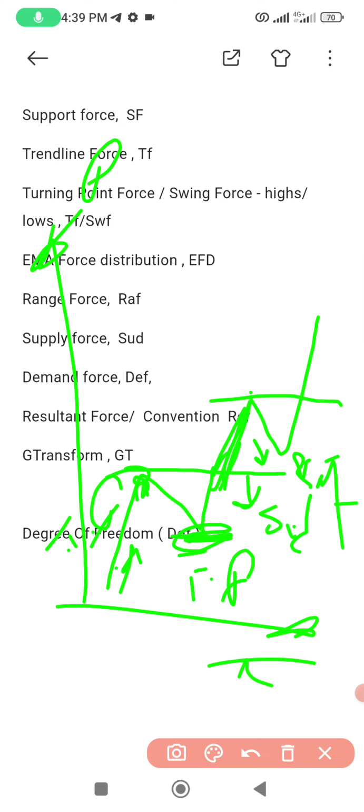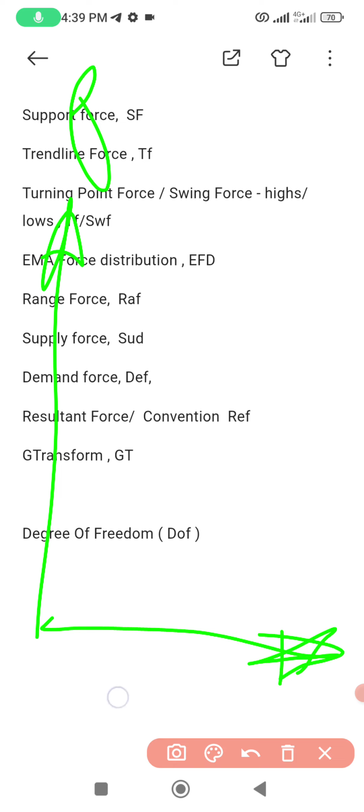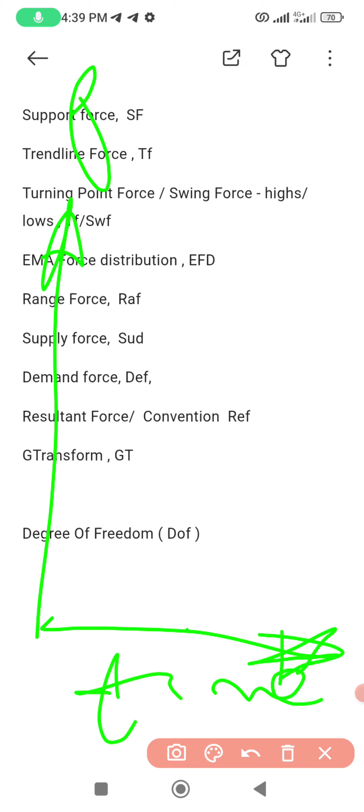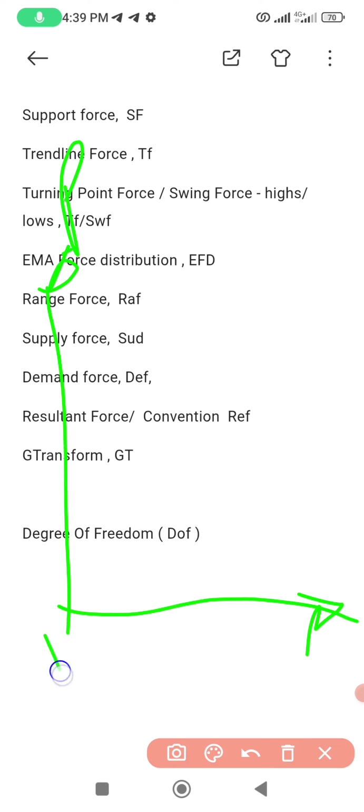Right now, we have the price axis P and the time axis T. I will be using an uptrend market. If the market starts with an uptrend movement, this is the origin.